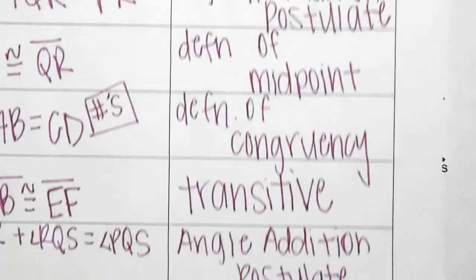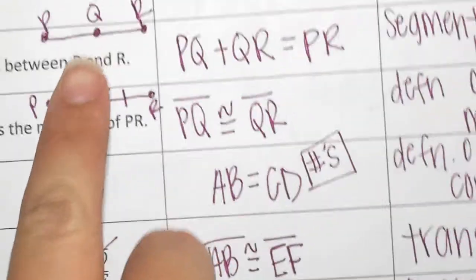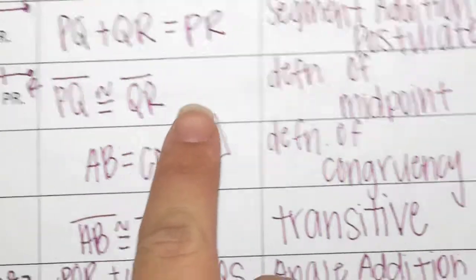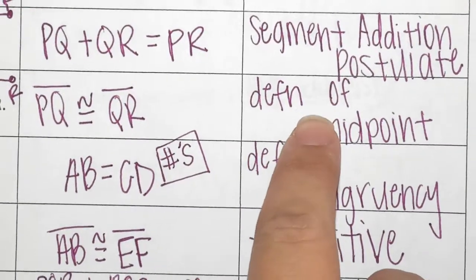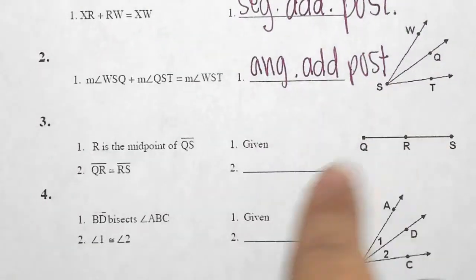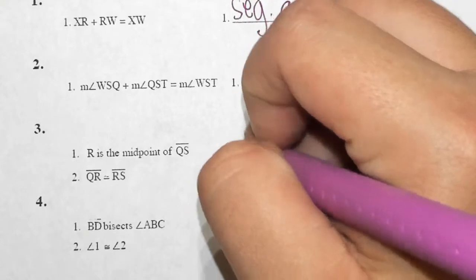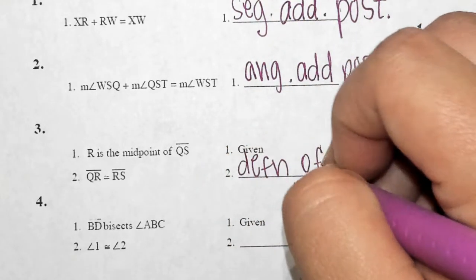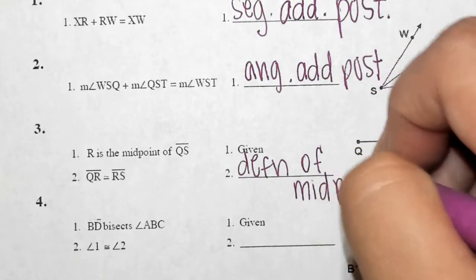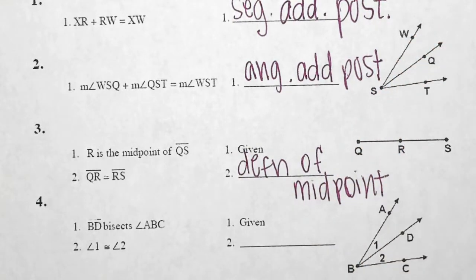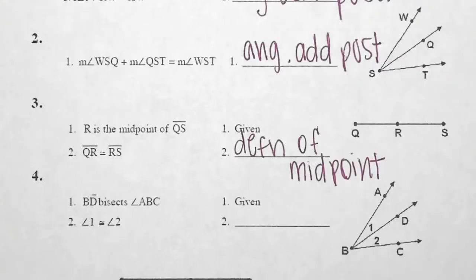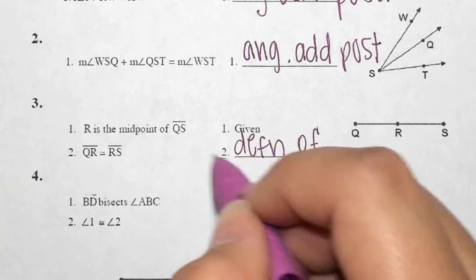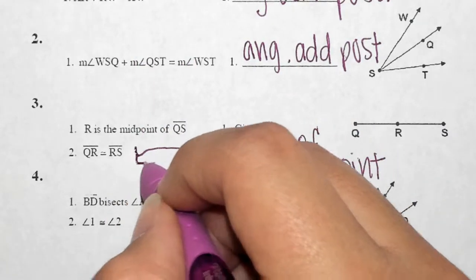But if we use midpoint, what's that called? Definition of midpoint. So that's what you have to write right here. So you write definition of midpoint. The reason you can write this is because of that definition.